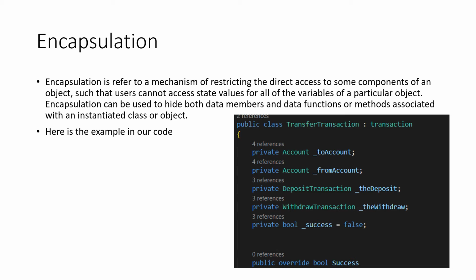In this example, we can see that we have written private account and to account. These are actually our fields, and at the bottom, whatever you can see as private, those are all our fields. We declare these fields so that we can have a controlled access. The main idea is to make our code more secure, because let's consider an example.